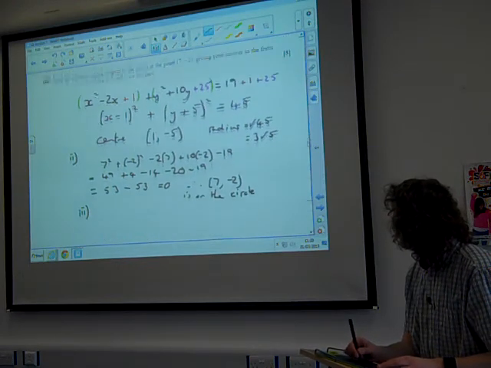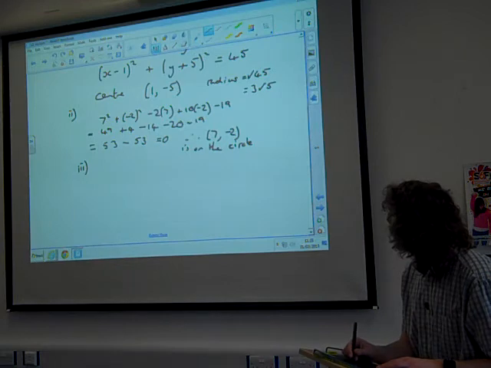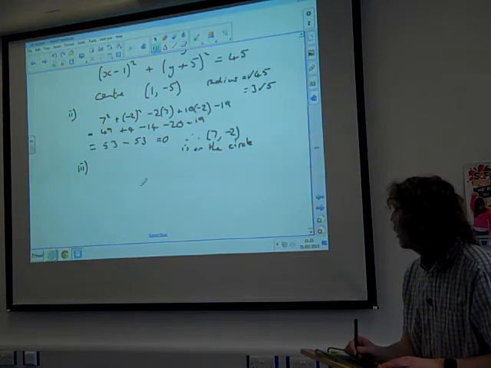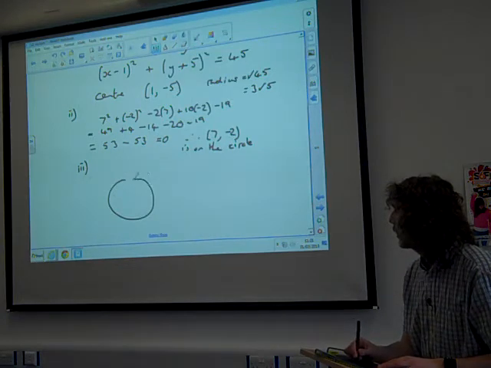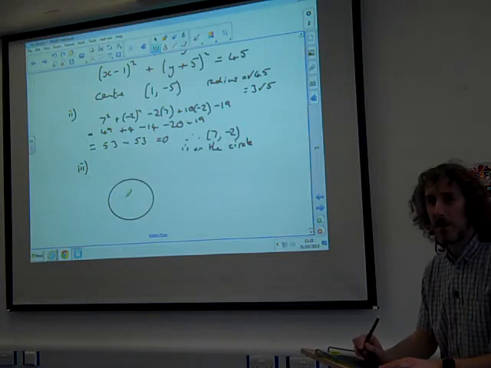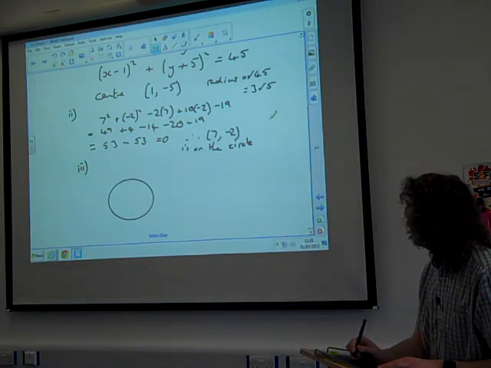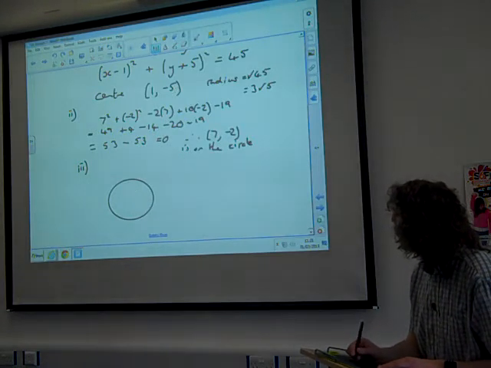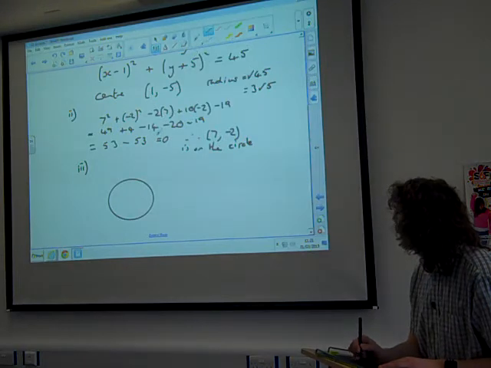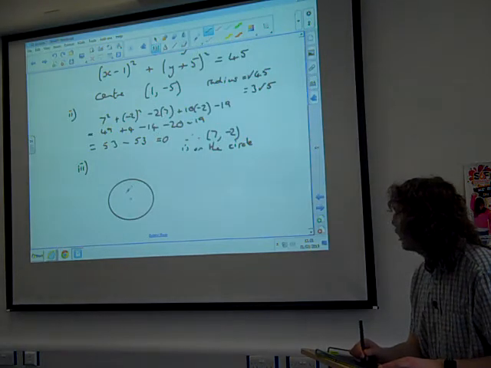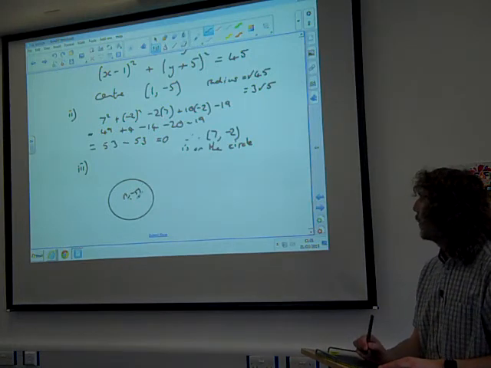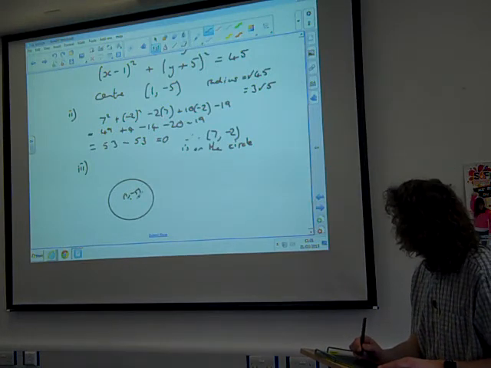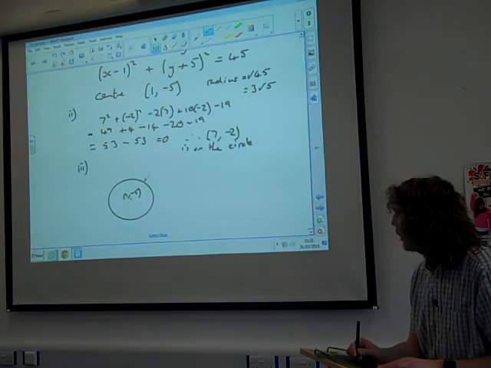So, do we feel the need for a little diagram first? Look at that. There's our circle. We know that the centre of the circle is the point 1, minus 5. We're dealing with the point 7, minus 2, which is a bit scary. That's over here somewhere.